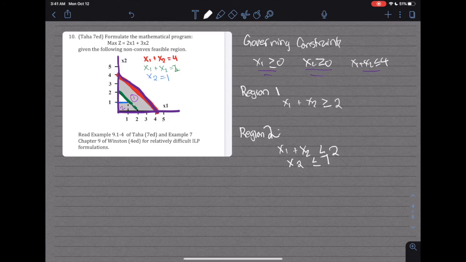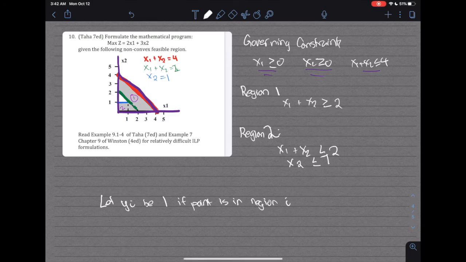Okay, from here, what we do now is an at most constraint, meaning a point can only be in at most one region, either region 1 or region 2. So if you recall your earlier examples, if you have two regions and it's an at most constraint, what we do is introduce a new binary variable, let yi be equal to 1 if the point is in region i.